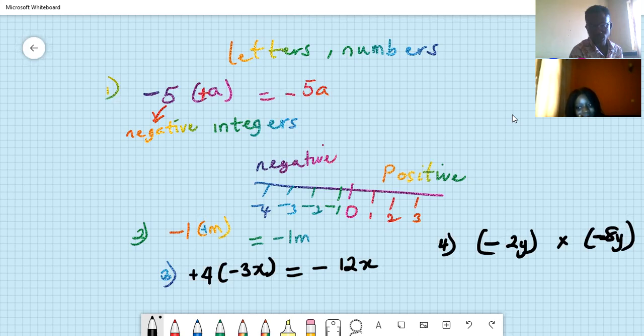Okay. So 16y, yeah, 16y squared actually, because there are 2 y's. So actually, if we expand, it's going to be minus 2y times minus 8y.